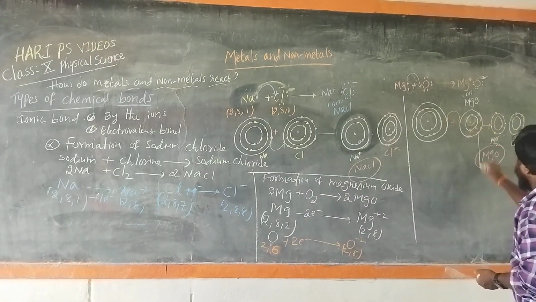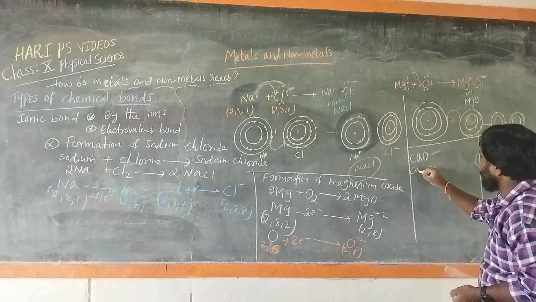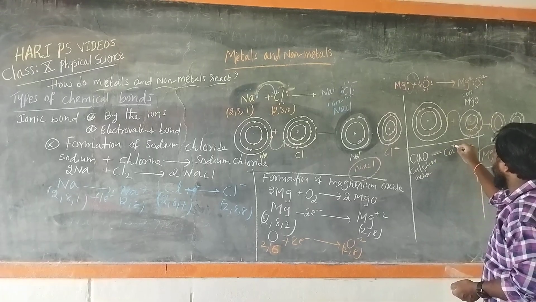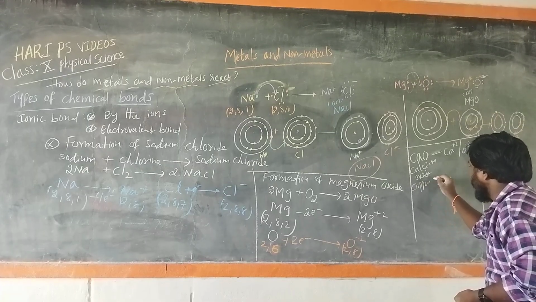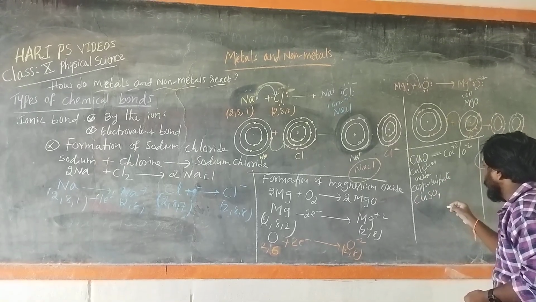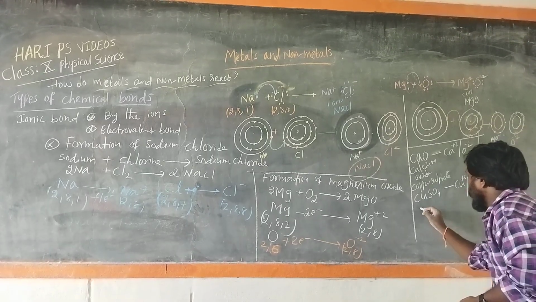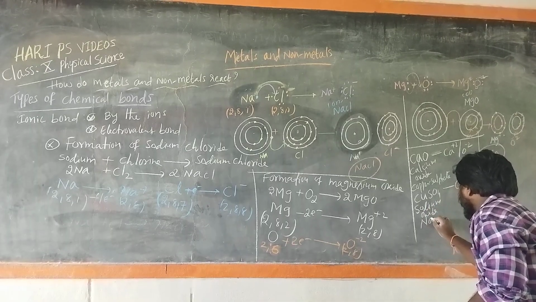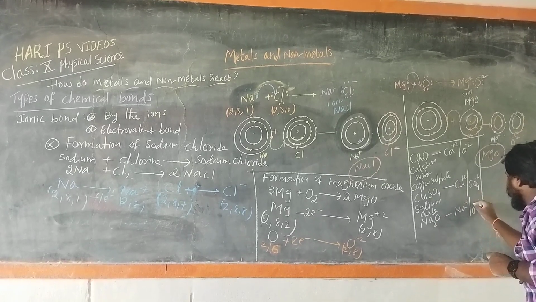If you take some other examples, calcium oxide, sodium oxide, which is Na2O actually, it is formed from Na plus and O minus.